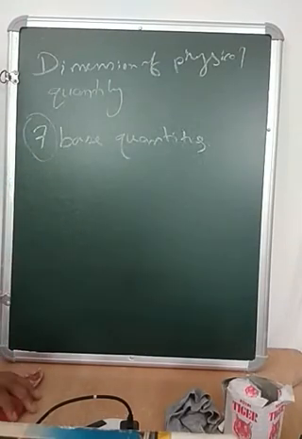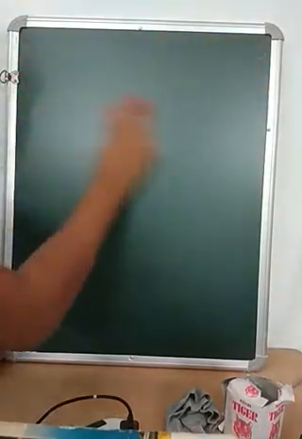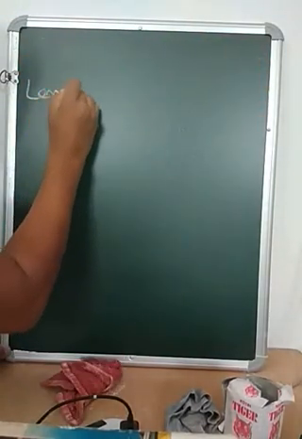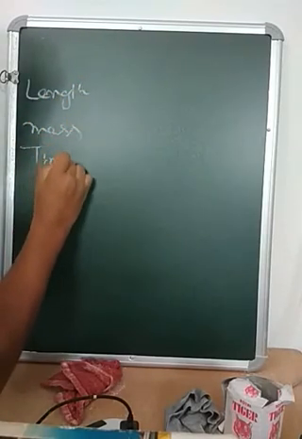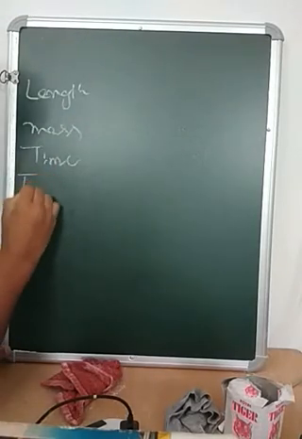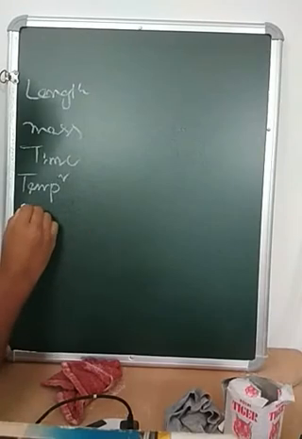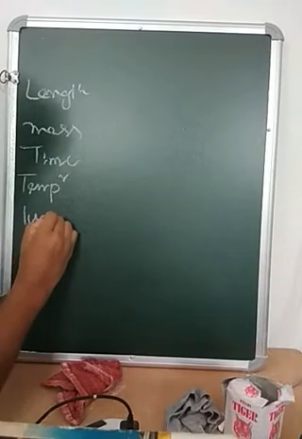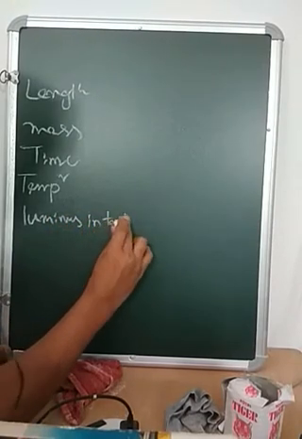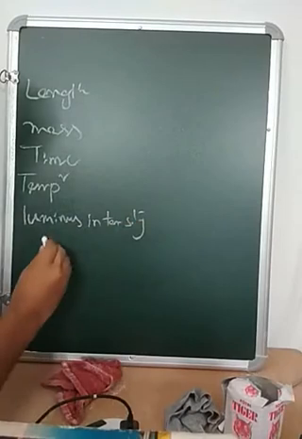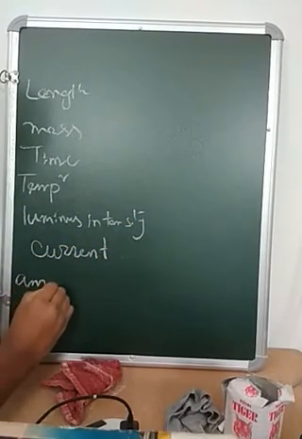So what are these 7 base quantities? Those are length, mass, time, temperature, luminous intensity, electric current, and amount of substance.